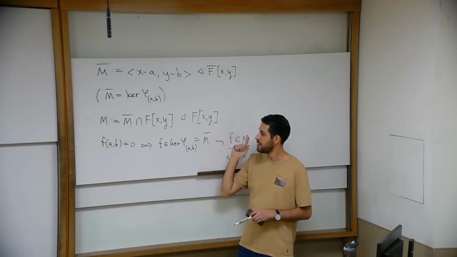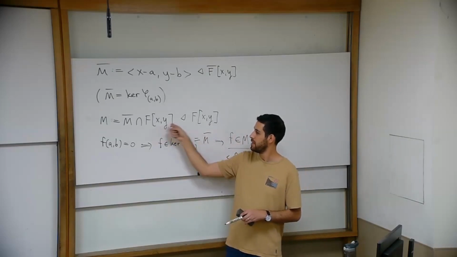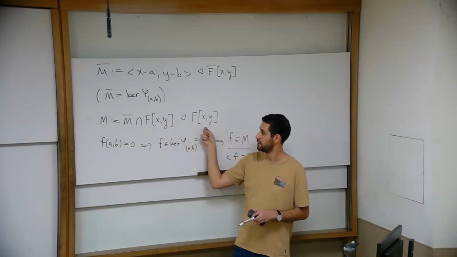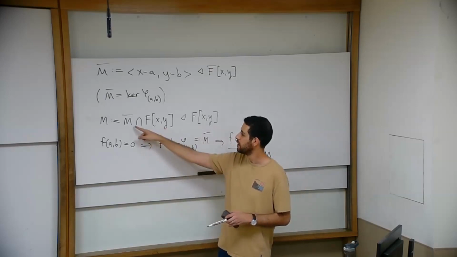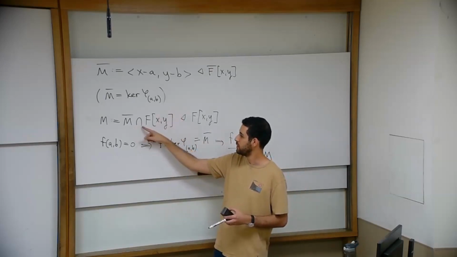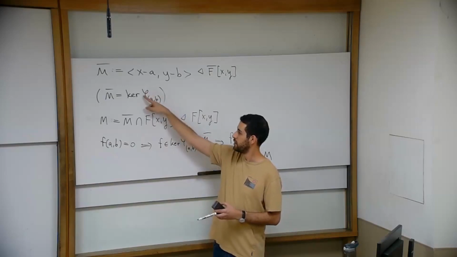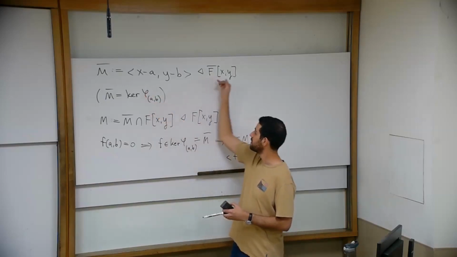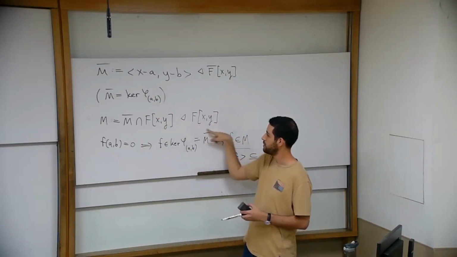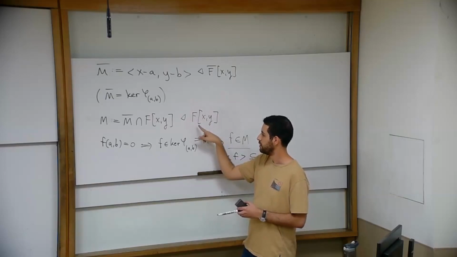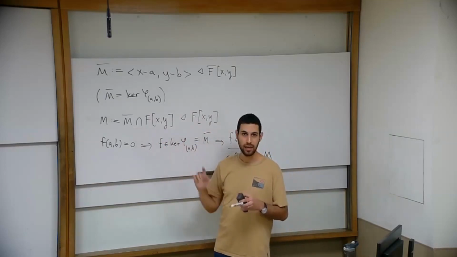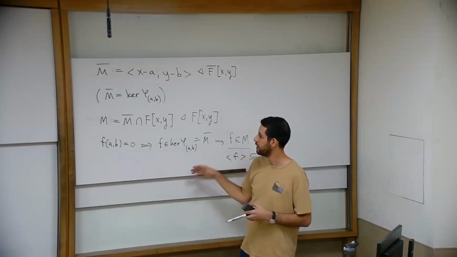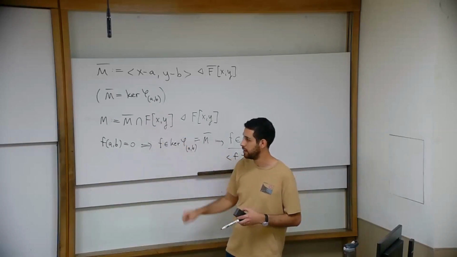And in fact, you can show that M is a maximal ideal of this ring. So we didn't do it, but we could have done it. One way to show it is to see that if you take phi of A B and restrict it from this domain to this domain, then the kernel is this. And then play again with the isomorphism theorem to conclude that this is a maximal ideal.